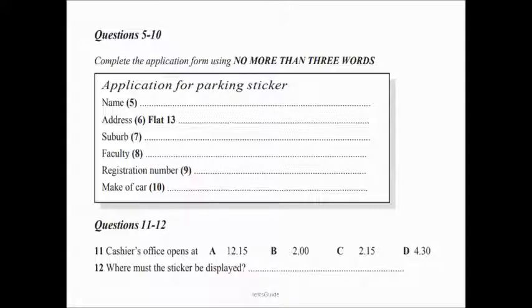Good morning. Can I help you? Yes, I was told to come over here to get a parking sticker. Is this the right place? Yes, it is. Are you a postgraduate student? Yes, I am. Okay. Well, I'll just need to take some details. Your name? Richard Lee. That's spelt L-E-E.